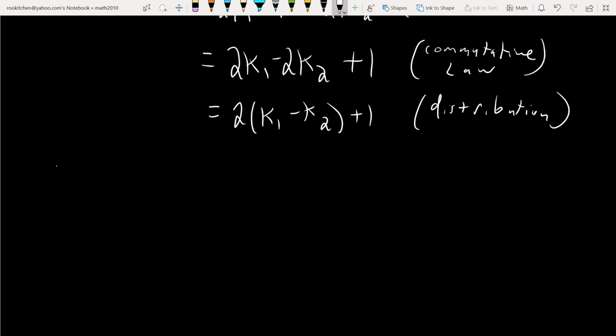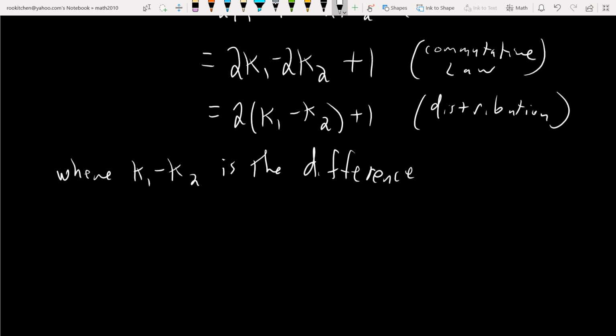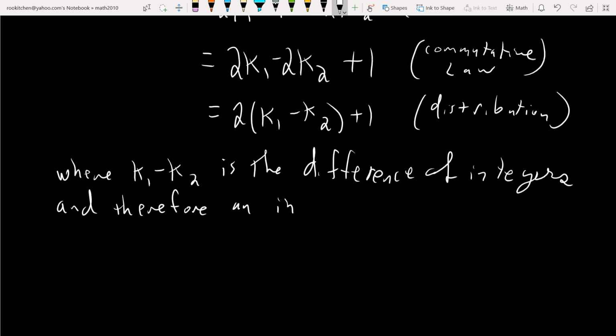So I'll say, okay, k1 minus k2 is a difference of integers, and the integers are closed under subtraction, so therefore that's an integer, and we got it.